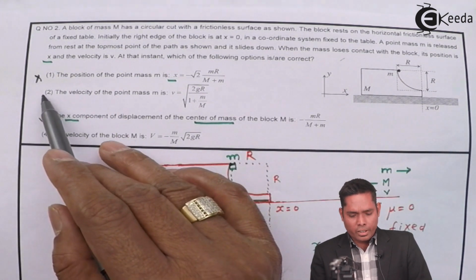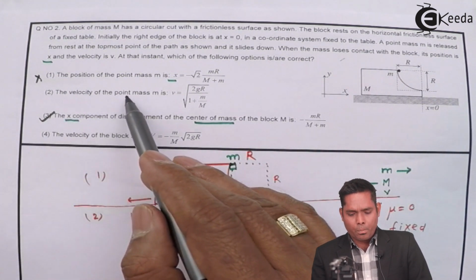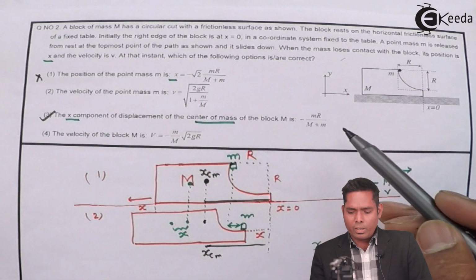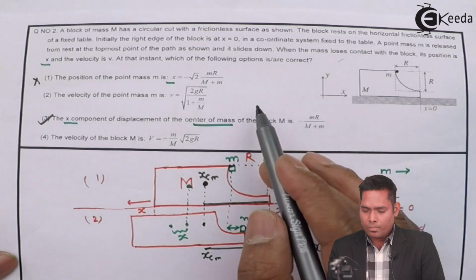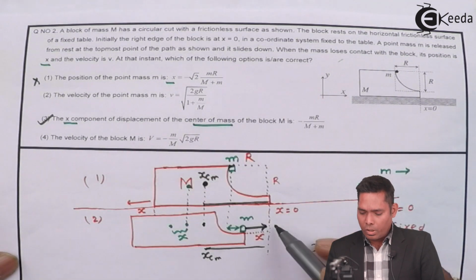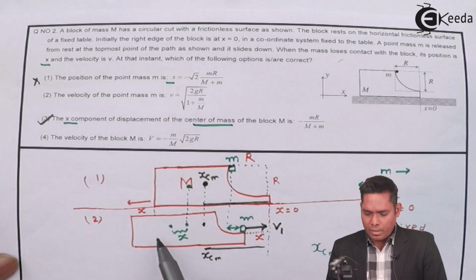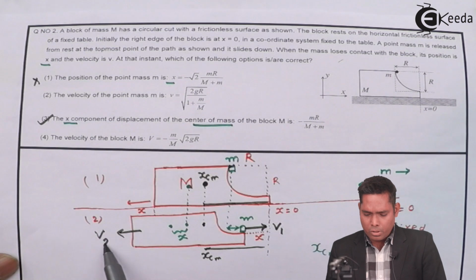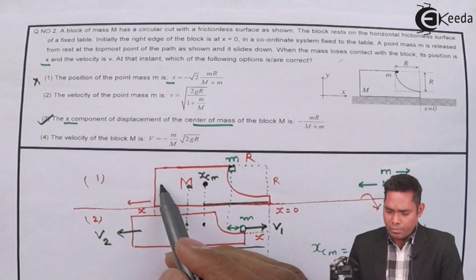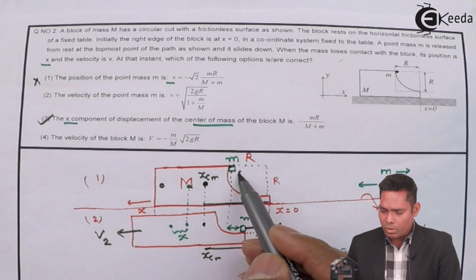And what about the second option? The velocity of the point mass m is. So what is the velocity of this point mass when it leaves the surface? Suppose the velocity is v1, and we have to find that. By the time it leaves, it has a certain velocity, suppose v2. Initially its velocity is 0.